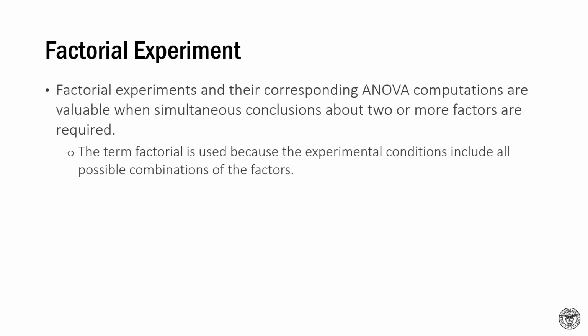A two-way factorial experiment is an experimental design in which two independent variables, that is, factors, are investigated simultaneously to determine the effect on a dependent variable, that is, response variable. In this design, all possible combinations of the levels of the two factors are tested.